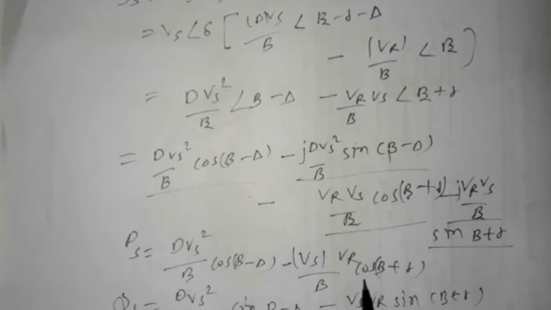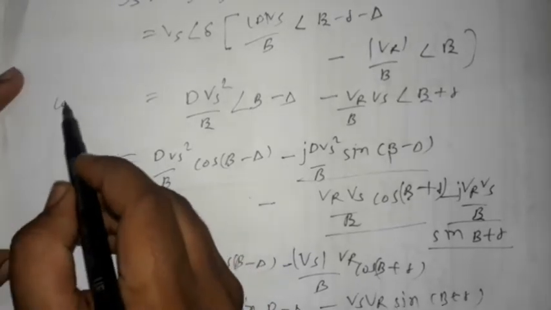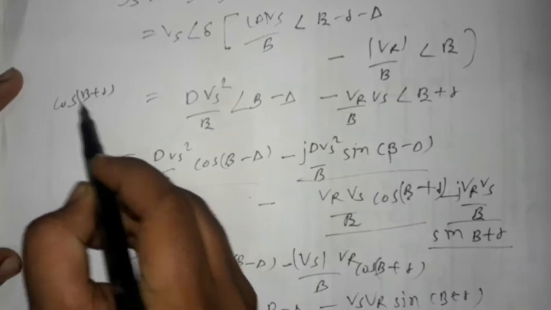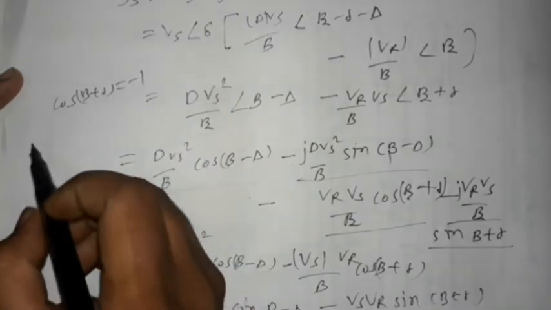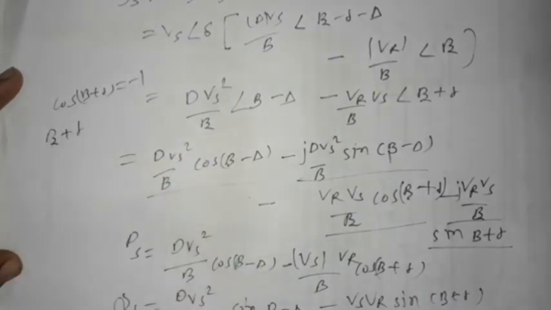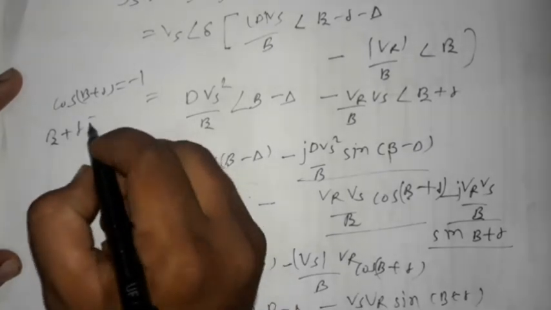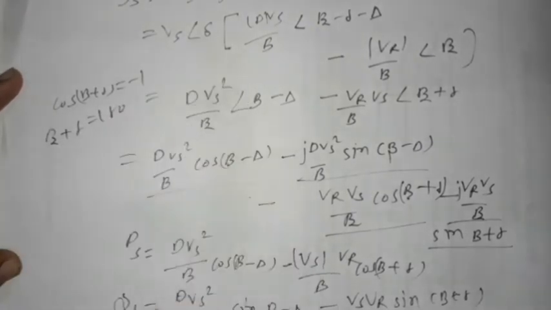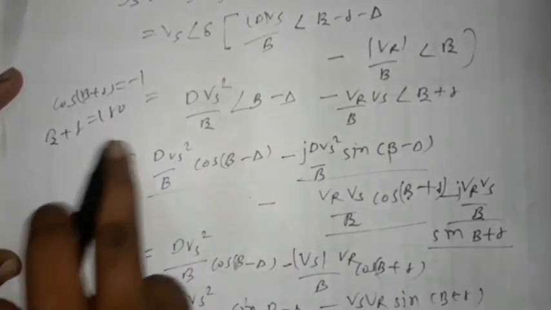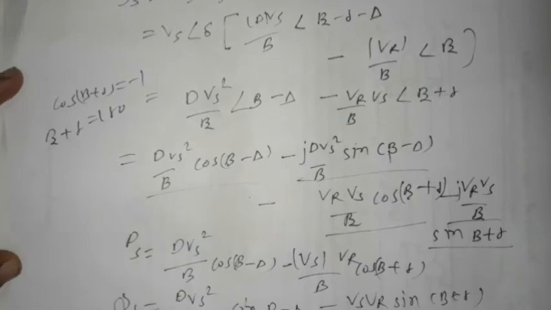So for maximum power we have to choose cos(beta plus delta) equal to minus 1, which means that beta plus delta is equal to 180. We take cos inverse of minus 1 and we get beta plus delta equal to 180.